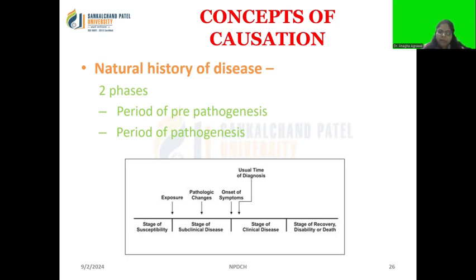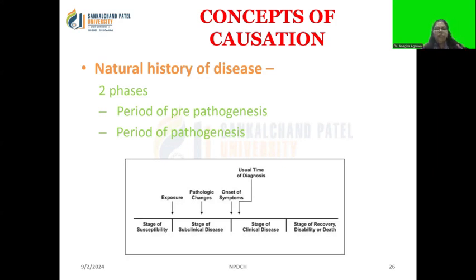So there, the entire time when the person is in contact with the agent and the agent is causing him some disease, it will be divided into two parts, that is period of pre-pathogenesis and period of pathogenesis. So first phase is period of pre-pathogenesis. What do you mean by this?